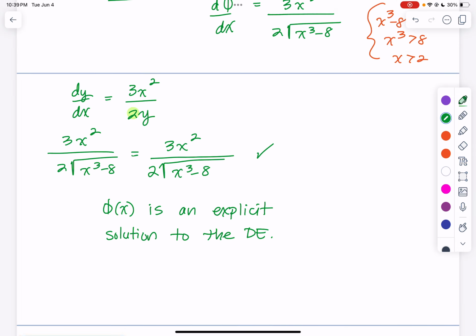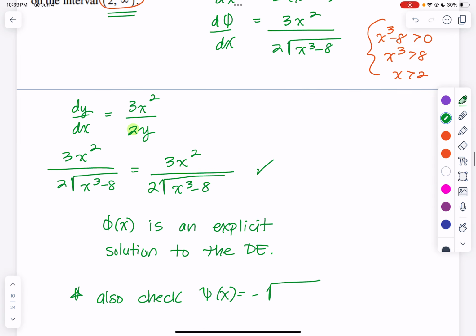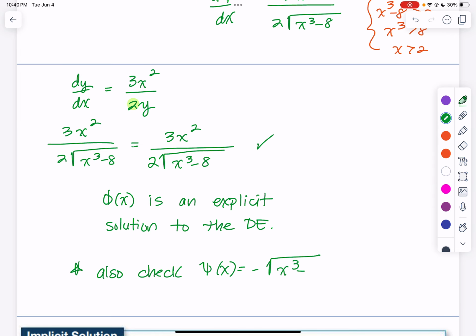Now, what's really important, you can also check psi of x equals that negative root, the negative square root of x cubed minus 8. It will, this is also a solution.